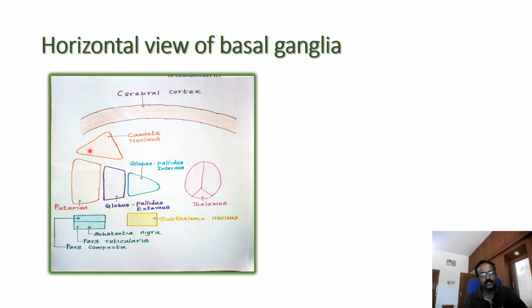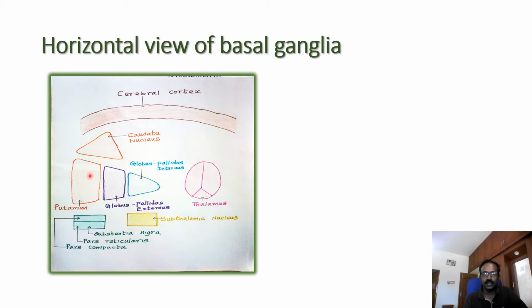See, this is the caudate nucleus. Only the head is depicted here. In the lateral view I showed it as a comma shape, but here only the head part of the caudate nucleus is shown. This is the putamen. The caudate nucleus and putamen combined are called the striatum.